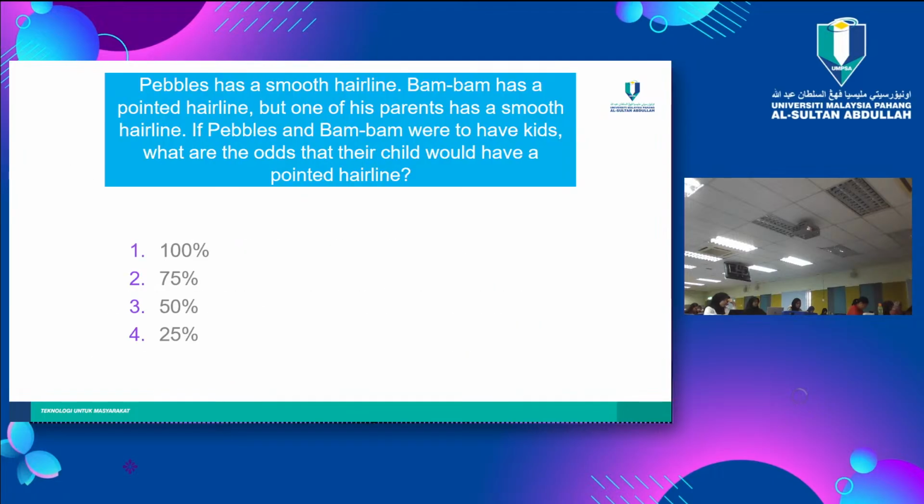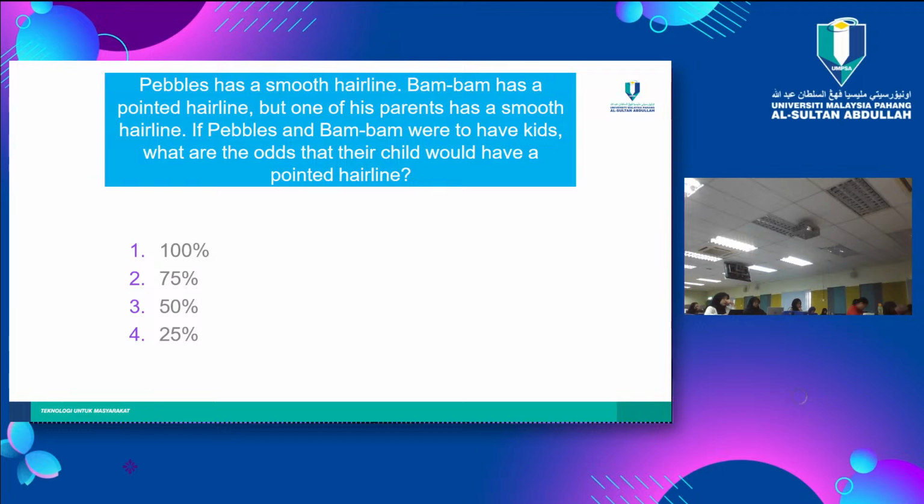Okay, so let's work on this. Pebbles has a smooth hairline, and this person has a pointed hairline. But one of the parents has a smooth hairline. If Pebbles and Bam Bam have kids, what are the odds that their child will have a pointed hairline? So you have to recognize what is dominant and also recessive.